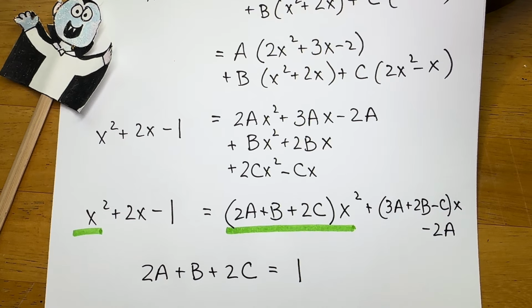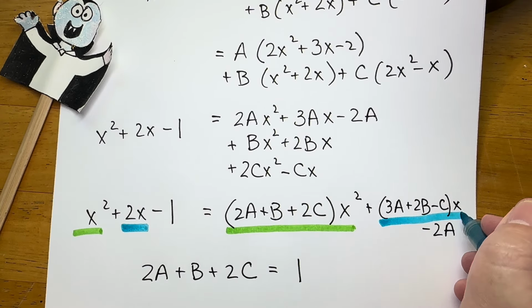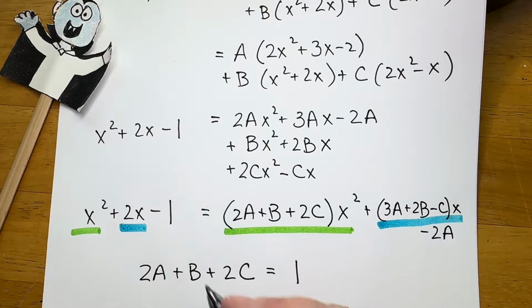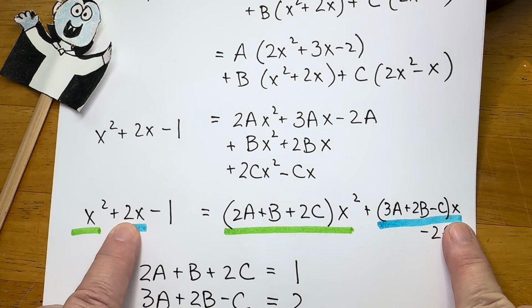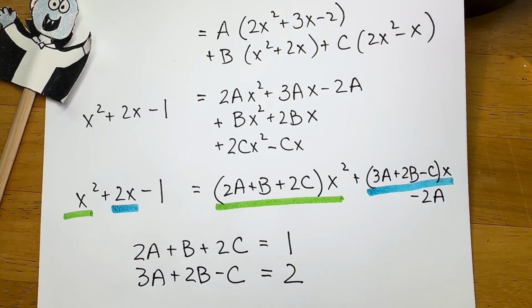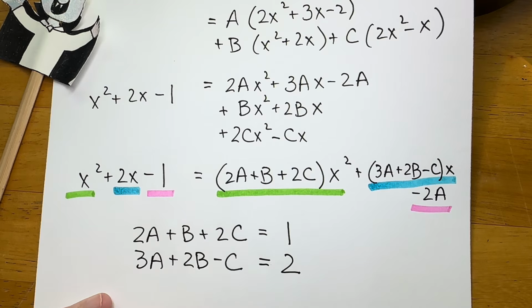Okay. And then here I've got the 2x. So then I've got 3a plus 2b minus c equals 2, because these have to match up. And then I finally have to match up the constant, the minus 1, which is just the minus 2a.